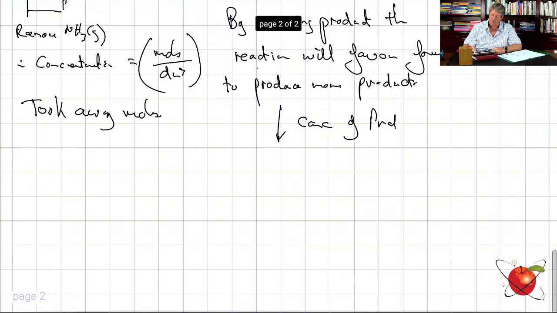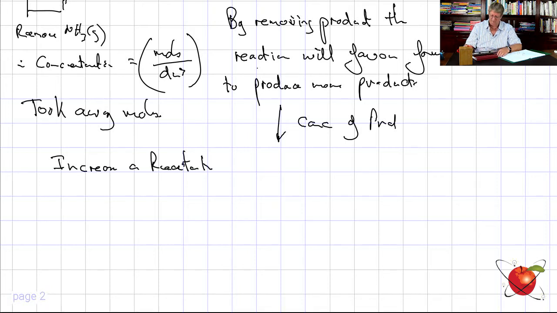On the same tack, well, what happens if I increase a reactant? Okay, Le Chatelier says it'll try and remove it.